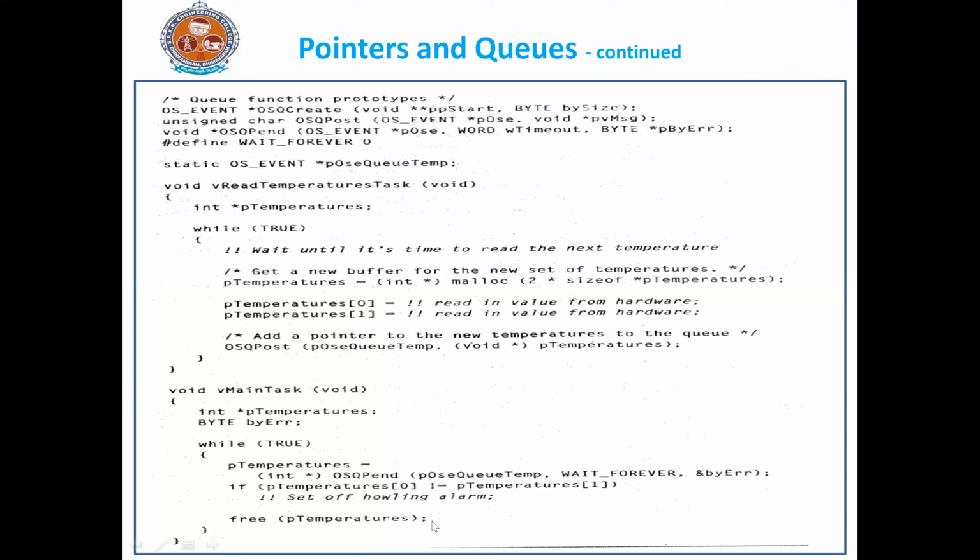Then there will be a difference in the temperatures, which is wrong. So we are restricting that by using the Qs, writing the P temperatures onto the Q.